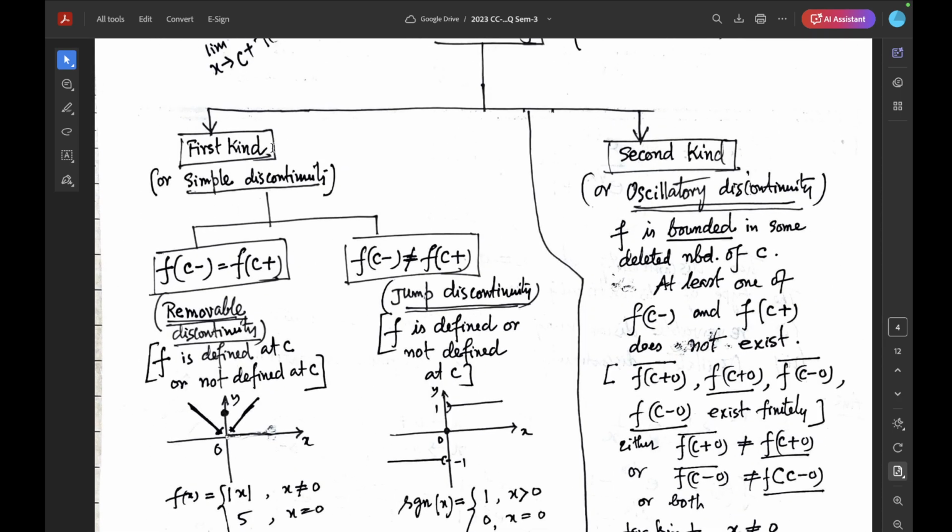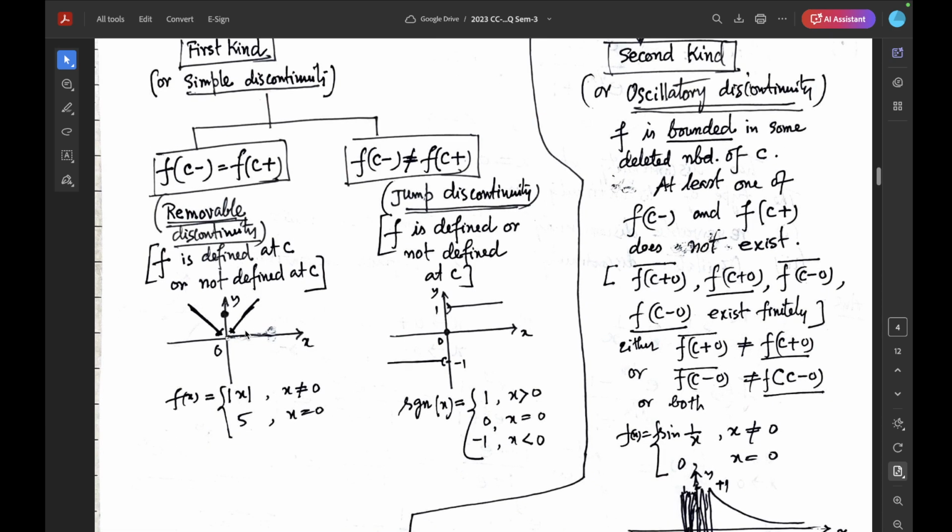First kind discontinuity or simple discontinuity, there are two types. Left hand limit equal to right hand limit is called removable discontinuity. Here function f is defined or may not be defined at the interior point c.